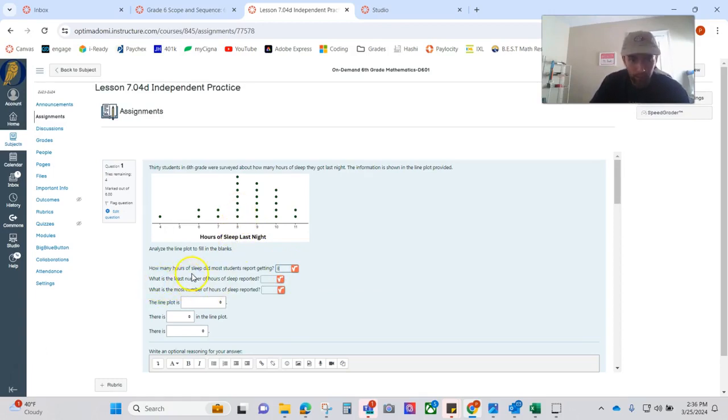What is the least number of hours of sleep reported? The least would be 5, right? Maybe 5 or 4. Oh no, I misunderstood. The least number of hours reported is 4.